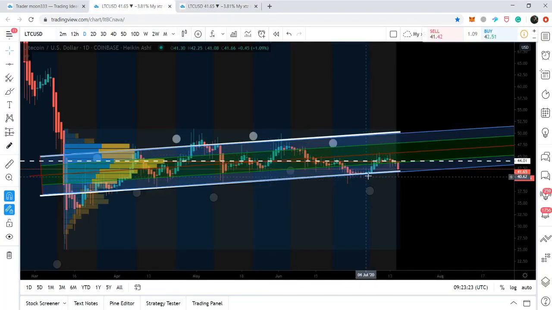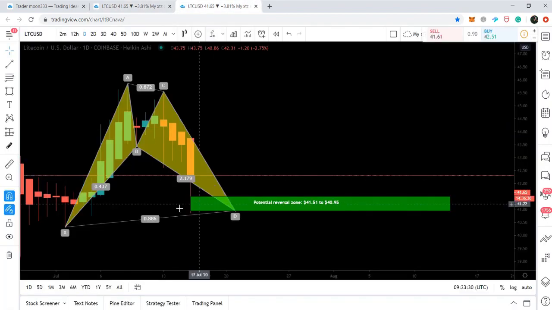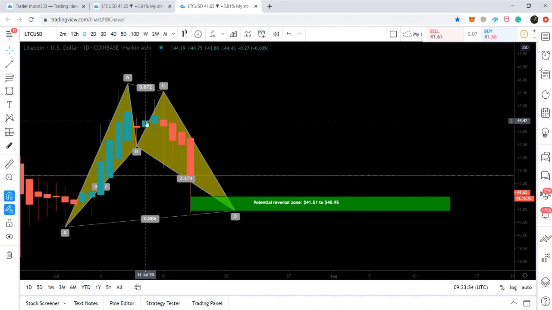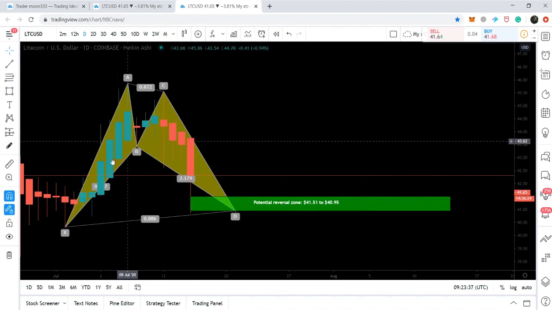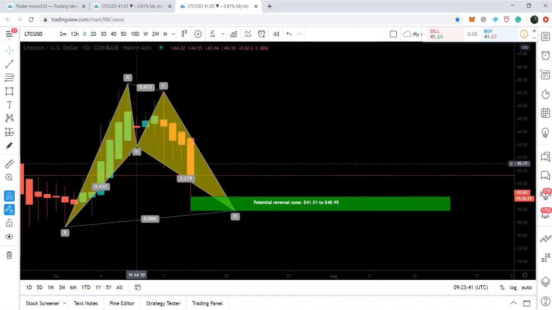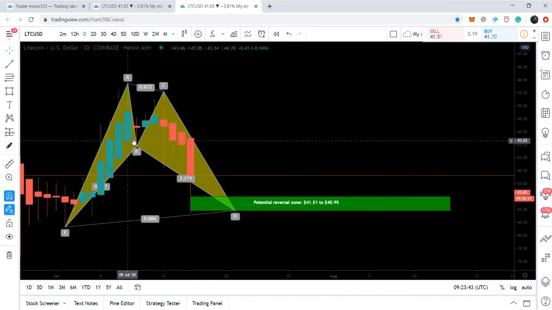Here you can see that this was the bat pattern, and after zooming out, we can see this bat pattern very clearly, and I have placed the pattern tool on the price action. This is the initial leg, and after that the price action retraced between 0.382 to 0.50 Fibonacci retracement level.